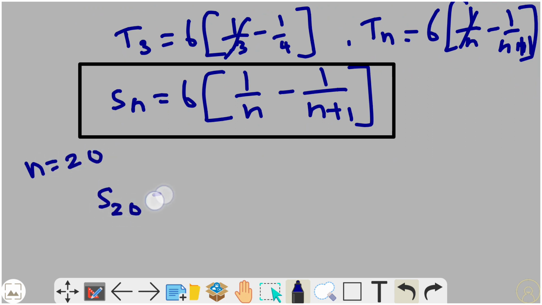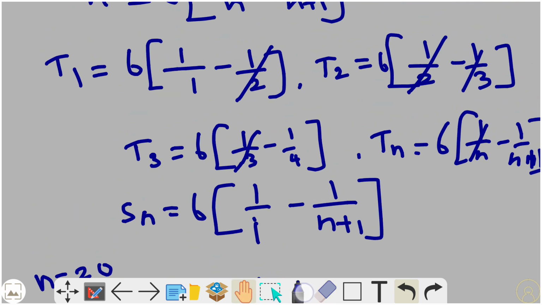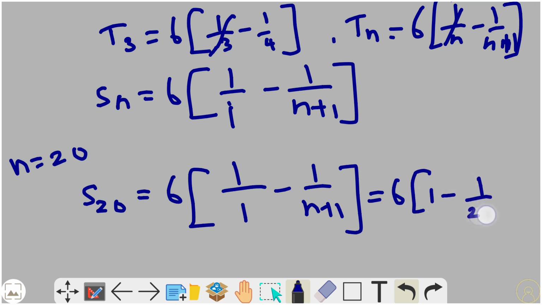So S20 is equal to 6 into 1 by 1, because all the plus and minus terms cancel each other, remaining 1 by 1 minus 1 by n plus 1, so 6 into 1 minus 1 by 21.